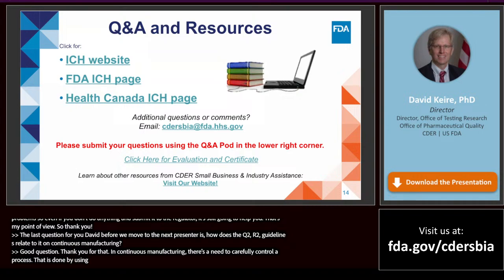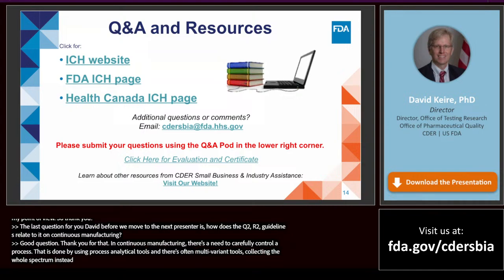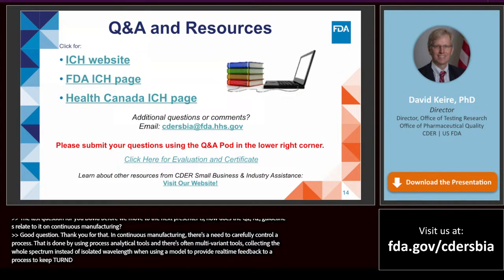Often they're multivariate spectroscopy tools where you're collecting the entire spectrum rather than an isolated wavelength, and you're using a model to provide real-time feedback to a process to keep it under control and produce drugs that are the same quality over that continuous process.